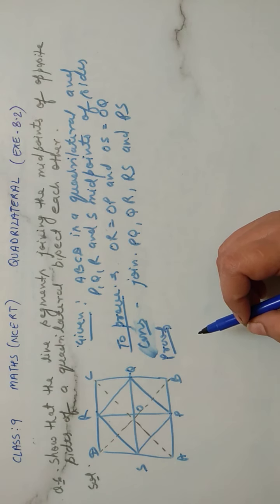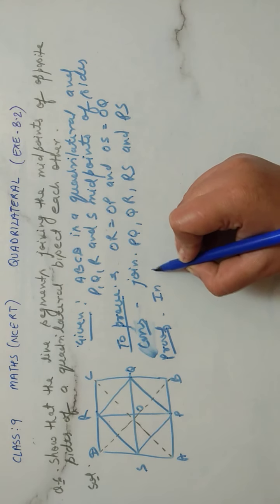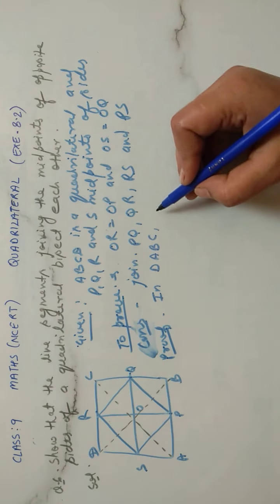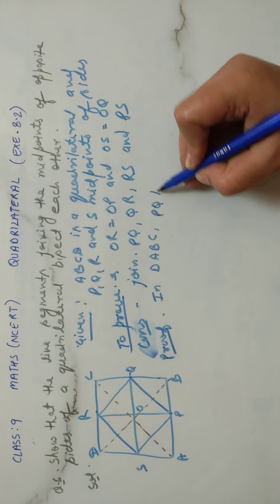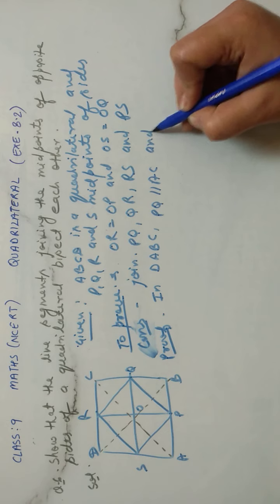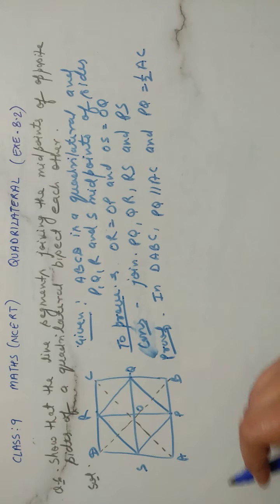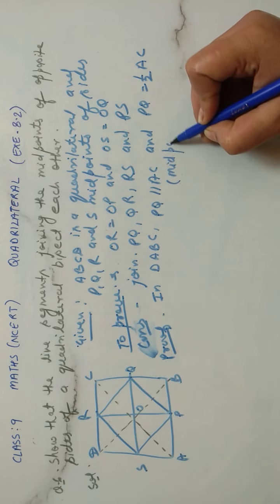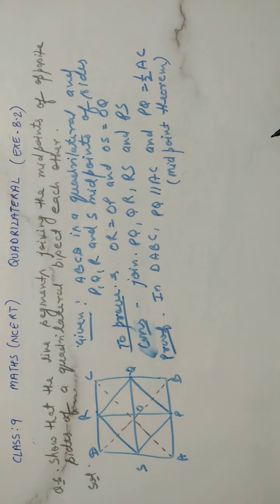First, take one of the triangles, for example triangle ABC. In triangle ABC, P and Q are the midpoints of AB and BC. So by the midpoint theorem, PQ is parallel to AC and PQ is equal to half of AC.